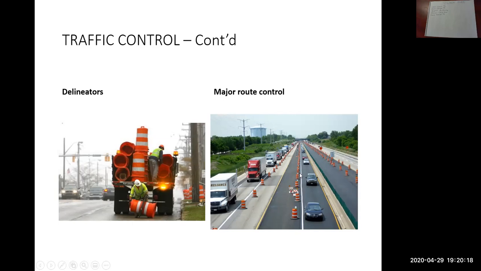So there might be 3, 4, 500 barrels in place here. We don't know how long this closure is, how many kilometers it is, but that would be a significant rental cost to rent all of those barrels. If you could find them all, you may need to buy some of them.